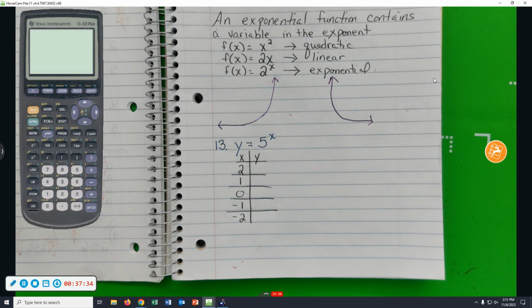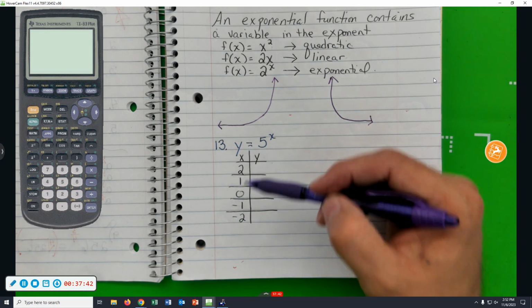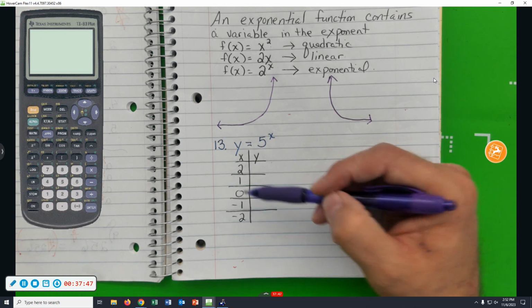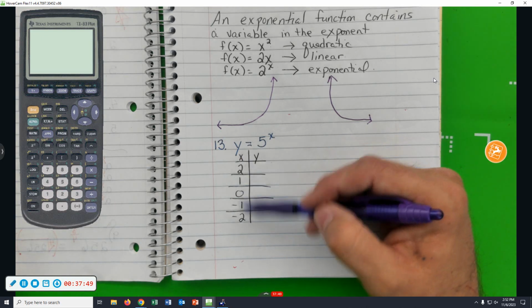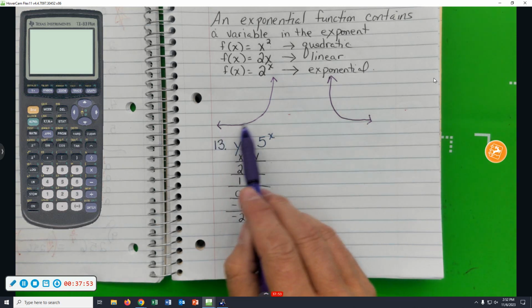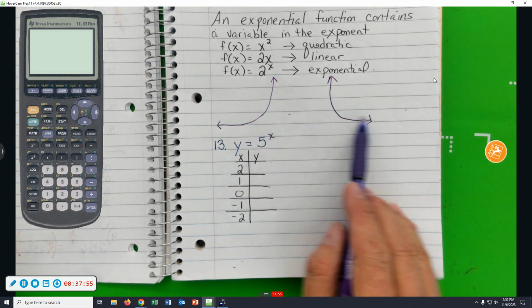In general, if you were having to graph exponential functions, here's how to do it. Plug in maybe from 2 to negative 2. That should get you more than enough points to figure out what the graph looks like, whether it's doing this or doing that.